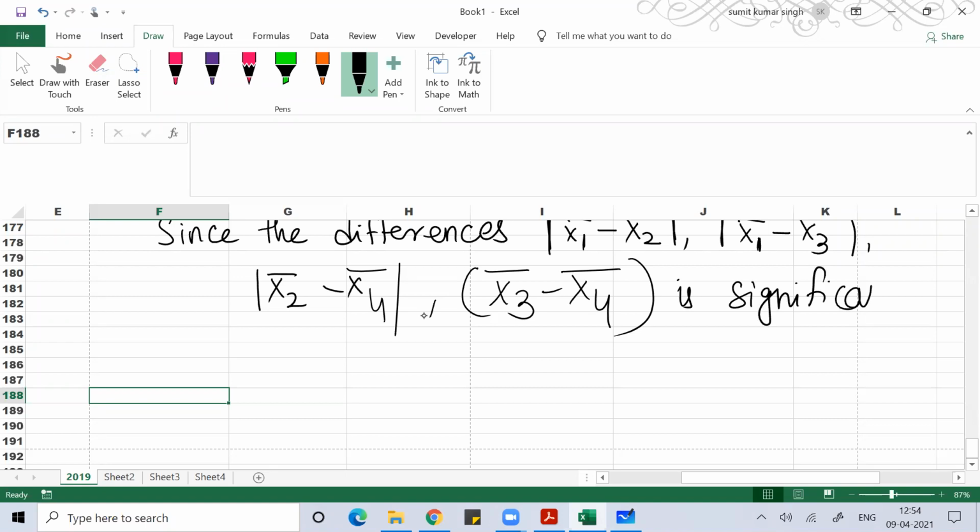Why are they significant, guys? Because the difference value you got is more than the critical difference value, which is 11.495.